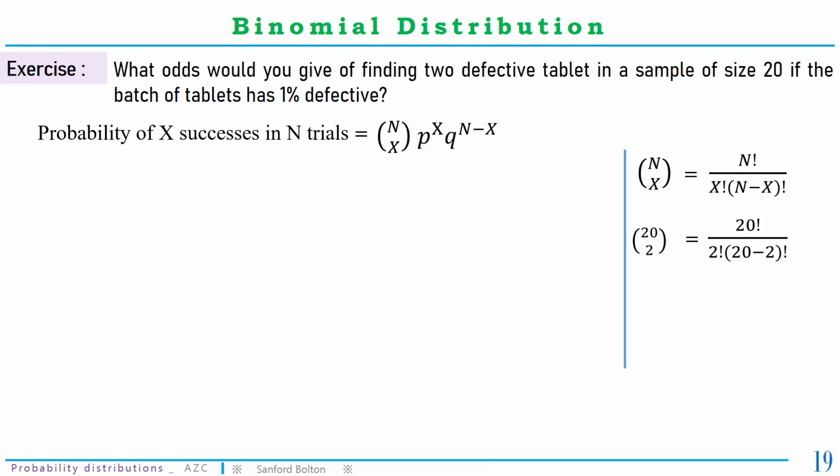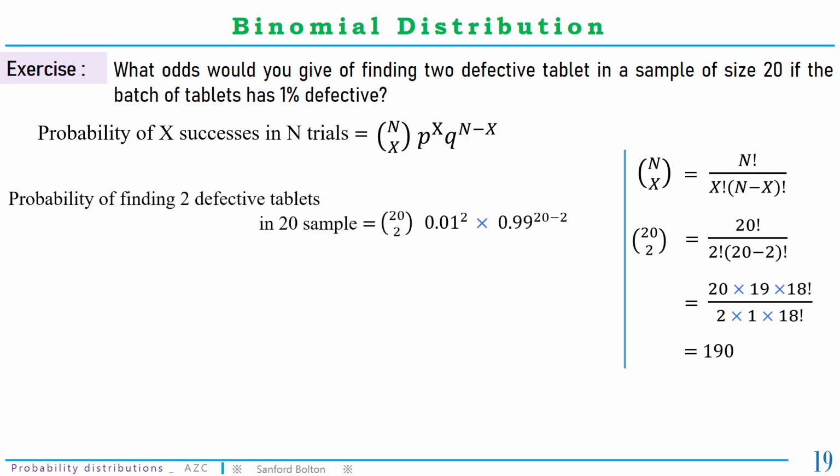Put the values given for n and x. So, 20 choose 2 obtained is 190. Now, put all values in the main equation and solve the sum.